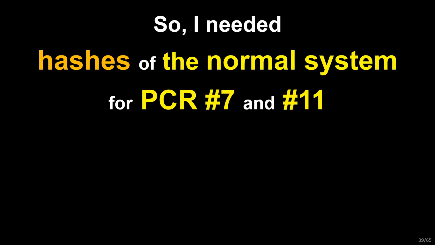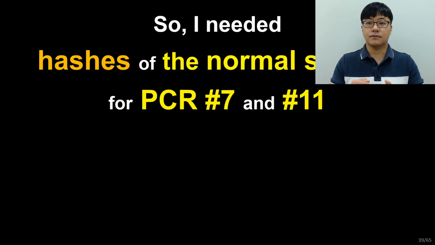So I concluded that I needed hashes of the normal system for PCR number 7 and 11. Because, as you know, I could reset the TPM with my vulnerabilities, and it meant I could make PCR number 7 and 11 normal by replaying normal hashes.